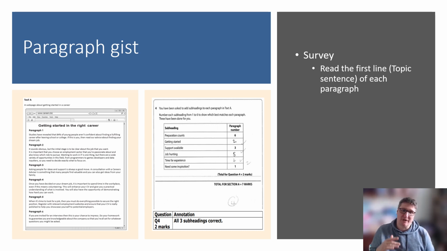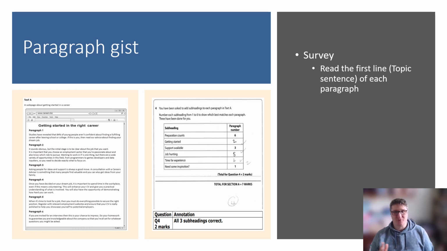Because question 4 is always going to ask you to put a subheading on each paragraph. Some of them are done for you, but there are 3 that you have to do yourself. If you get 1 right and 2 wrong, you get 1 mark. If you get 3 right, which is what you want, you get both marks, 2 marks.